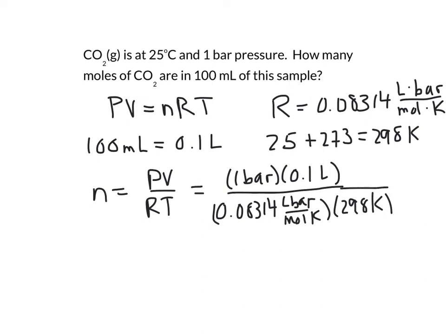So if I plug that into my calculator, I have 1 times 0.1 divided by 0.08314 divided by 298, and I get n is equal to 0.00404 moles of CO2 in the 100 milliliter sample that is at 25 degrees Celsius and 1 bar of pressure.